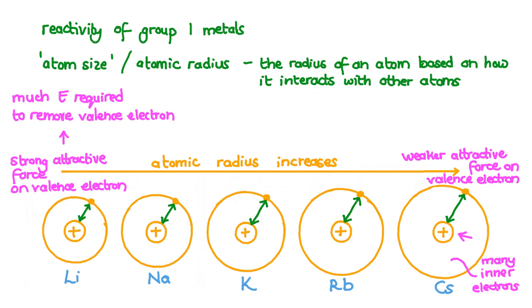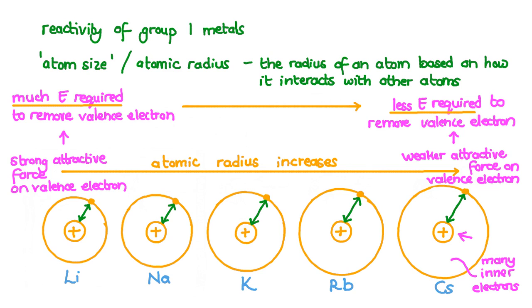In other words, the attractive force felt by the valence electron in cesium is a function of the distance that electron is from the nucleus, the attractive force from the nucleus, and the repulsive force from the inner electrons. So the overall weak attractive force on the valence electron results in less energy being required to remove that valence electron in a reaction.